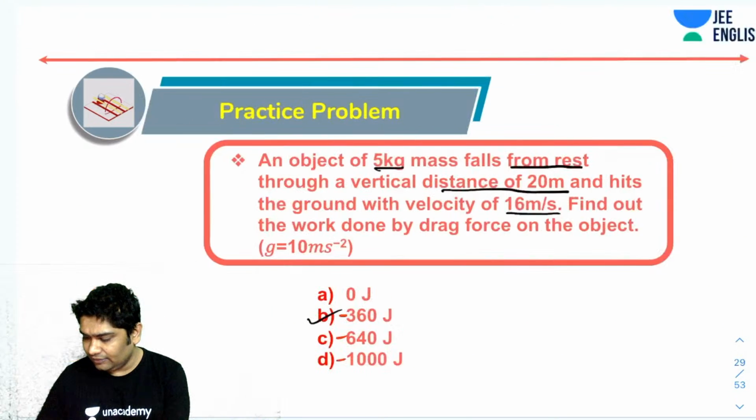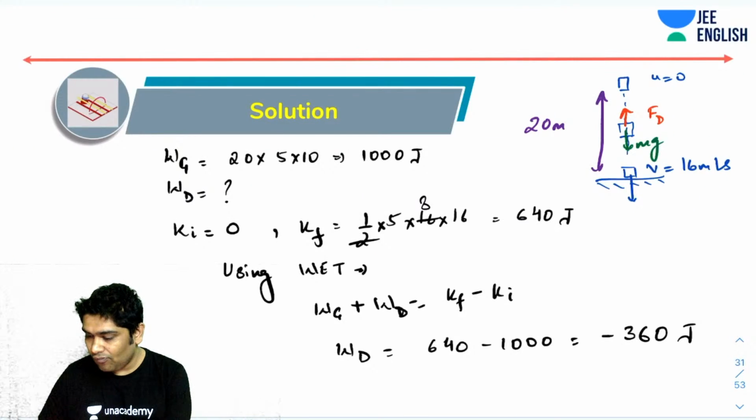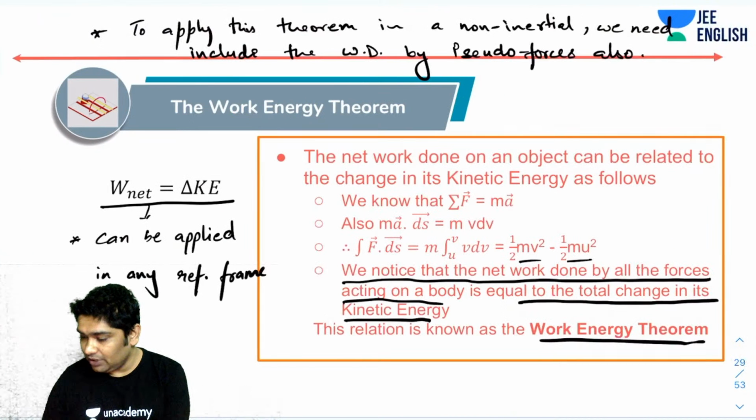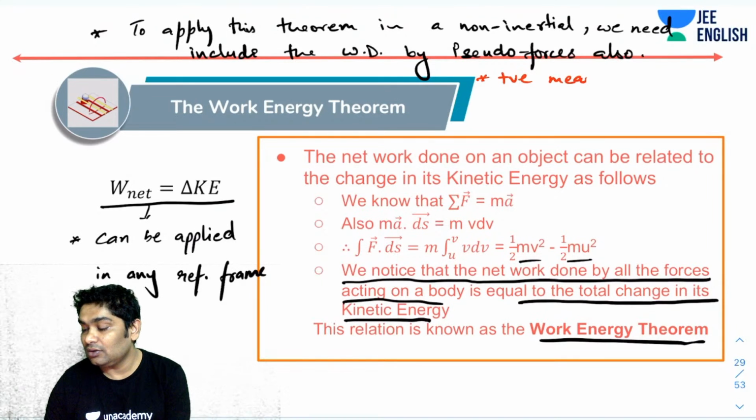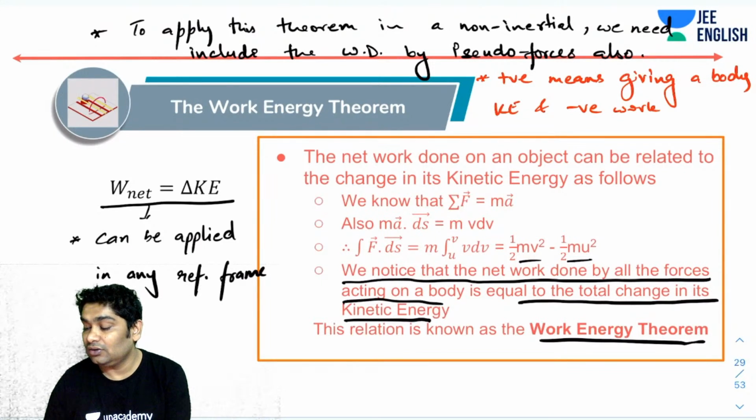Let's write that somewhere, maybe here. Positive work means giving a body kinetic energy, and negative work means taking away kinetic energy.